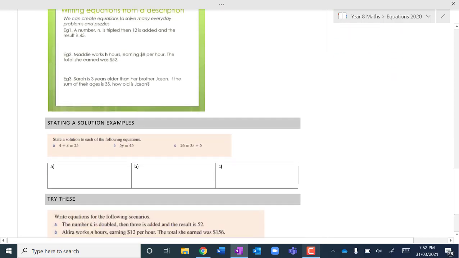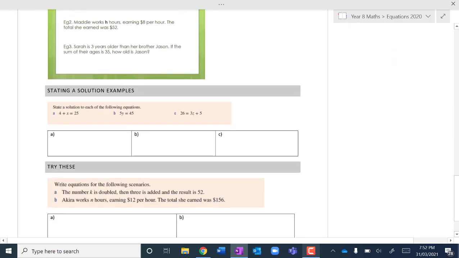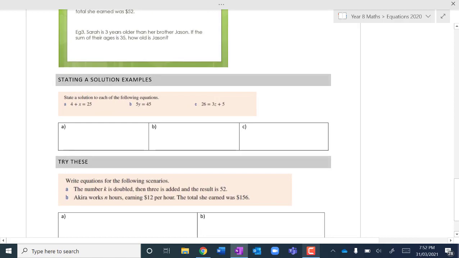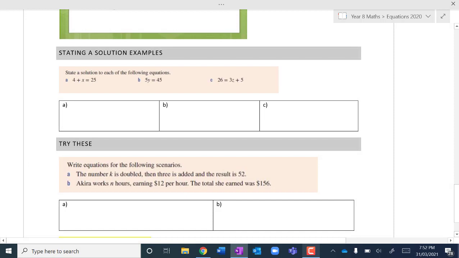All right, some more examples. Now let's start. We can probably just guess and check these. So if we work our way through these, what would be my solution? What would make this equation true? You've probably already guessed it.